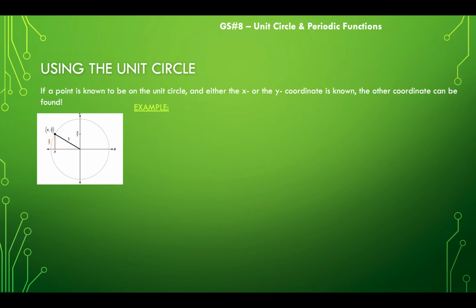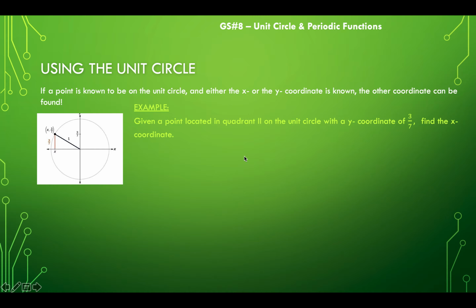Okay, so let's see how we can use that. One thing we can do if we know that a point is on the unit circle is, if we are given either the x coordinate or the y coordinate, we can find the missing coordinate. So for example, let's say we're given a point located in quadrant 2 of the unit circle, and it has a y coordinate of 3/7. We are asked to find the x coordinate.